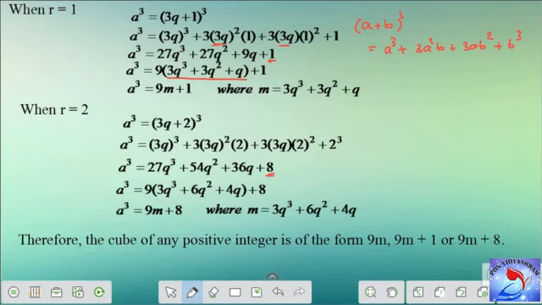So this is independent of 9 here. So I'm just combining the first three terms and factoring out 9 from this, which gives me 9 into 3q cube plus 6q square plus 4q, plus 8. Again, that can be written as 9m plus 8, where m takes the value 3q cube plus 6q square plus 4q. So thus I'm able to write a cube as 9m plus 8.